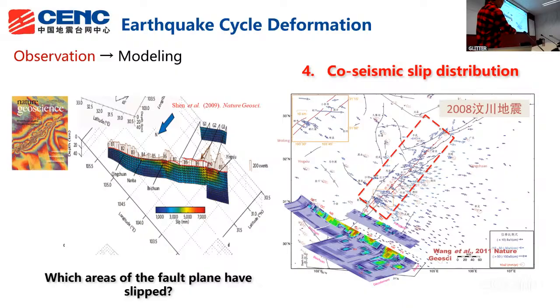This also shows this. This uses the GNSS data and the InSAR data. There is a lot of GNSS data, and the leveling, and also the triangulation stations, and also InSAR data. So they can tell me which areas of the fault plane have the big slip.